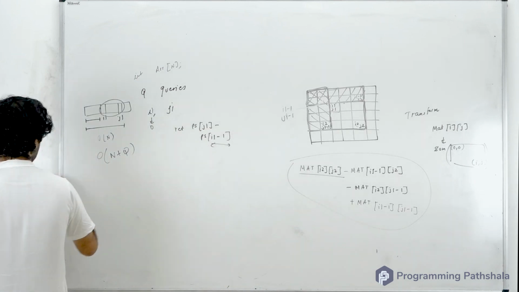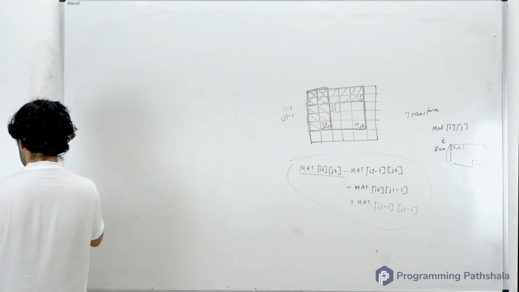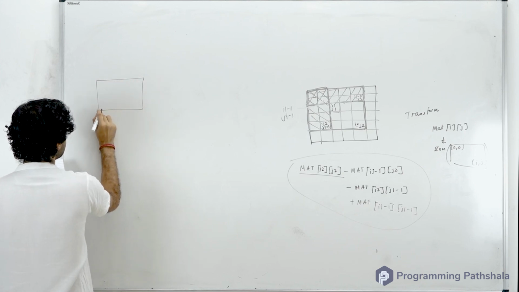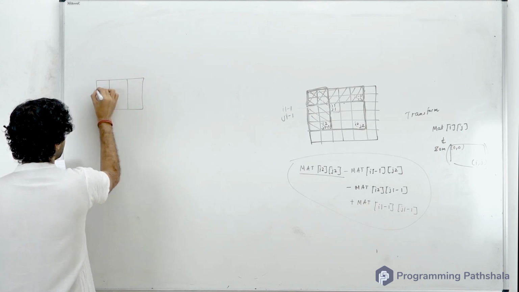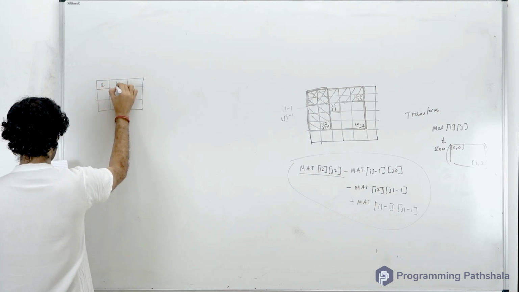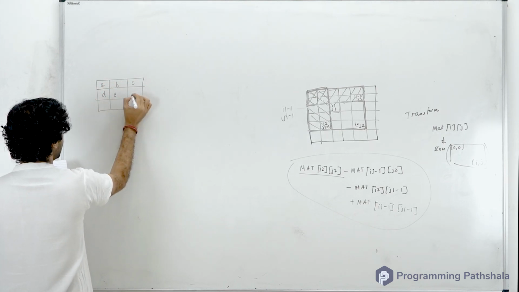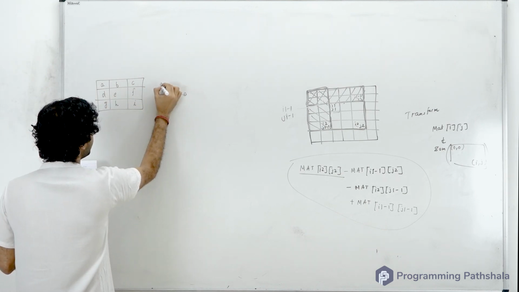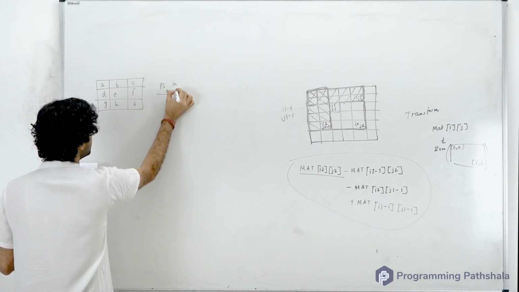Okay. So what I can do is something like this. Let's say I had a matrix containing elements. Let's say the elements were A, B, C, D, E, F, G, H, I. So first what I will do is I will do prefix sum in every row.